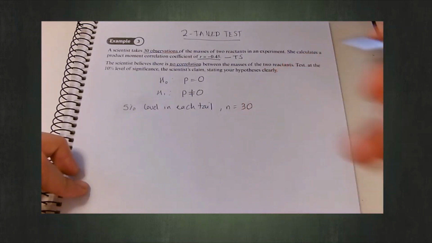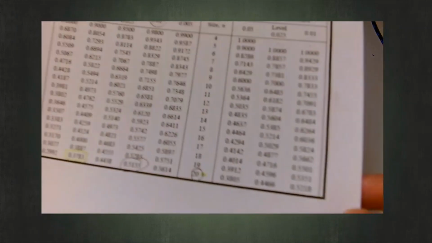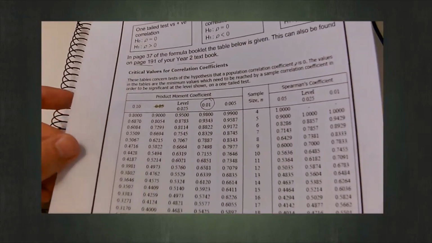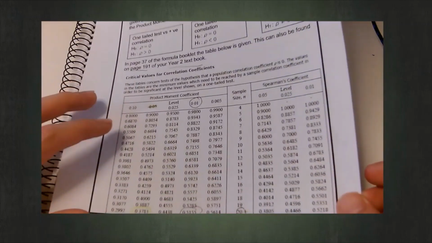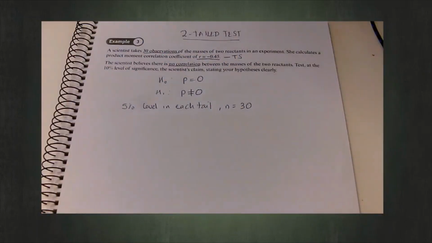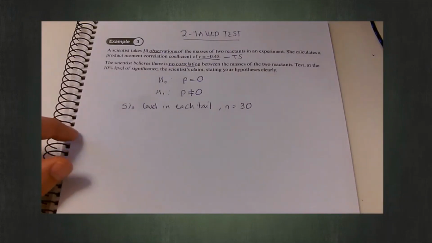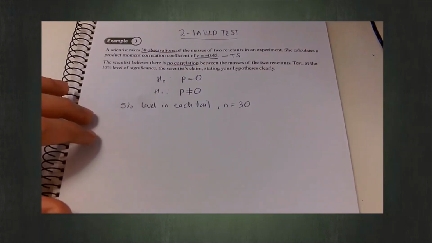The sample size is 30. Now obviously, this section of the table in the workbook does not go up to 30. In the sample size it only goes to 20. So the formula book does do it. You can also find that formula book on the internet, but I'm going to just cut to the chase and get to the critical value.